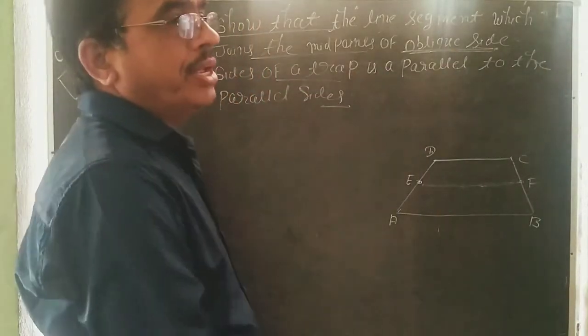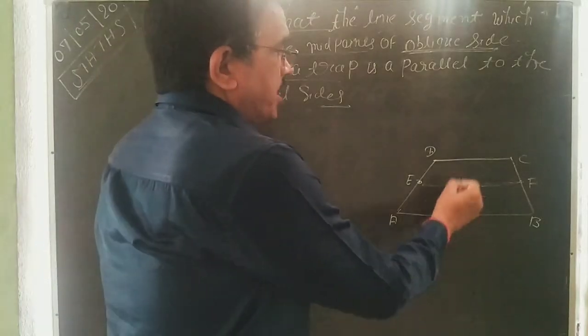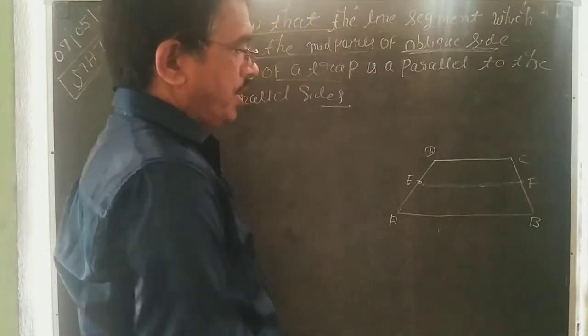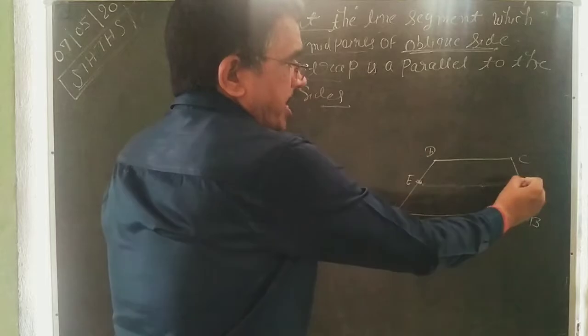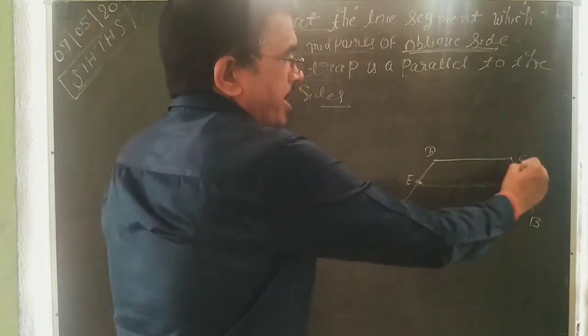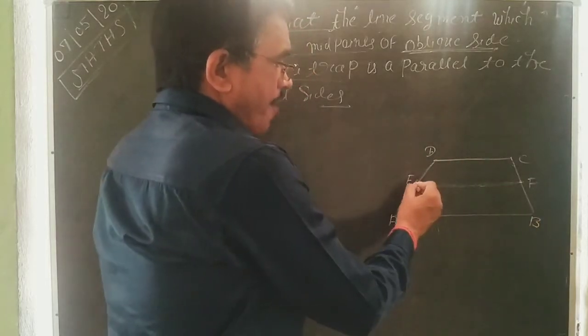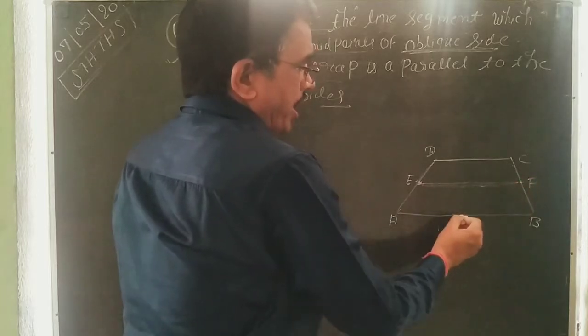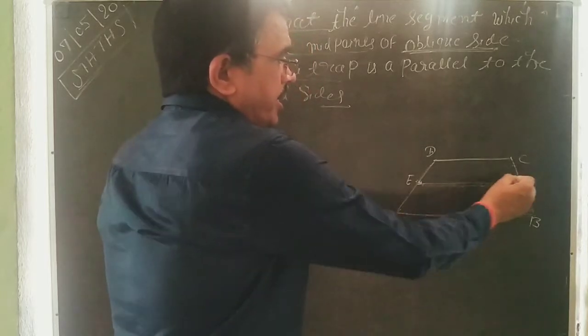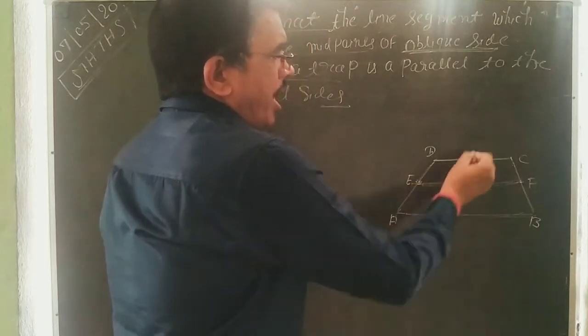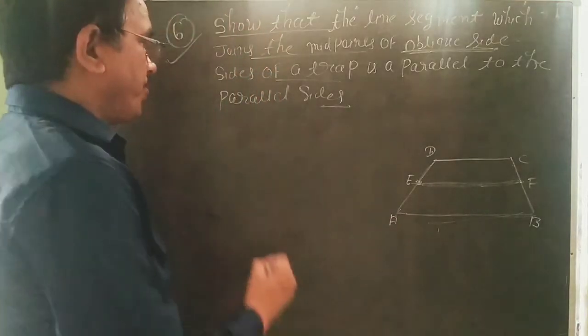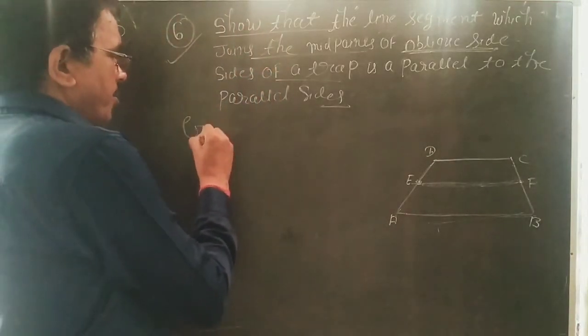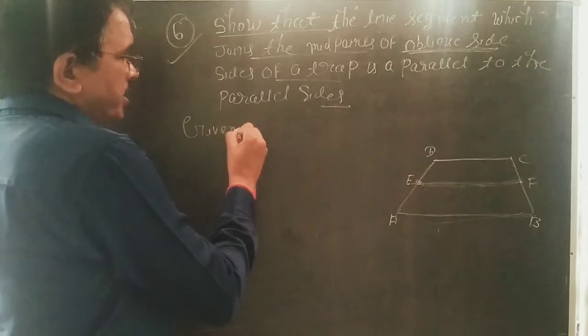It is clear in my figure, the parallel sides are AB and DC. So midpoints are E and F of oblique sides AD and CB. You have to prove this EF parallel to the parallel sides, means this EF parallel to AB and DC. So dear student, first write given with the help of your question. What is given there?